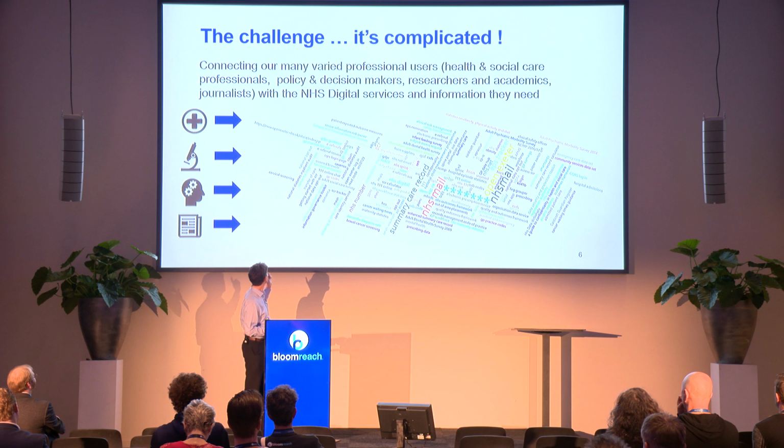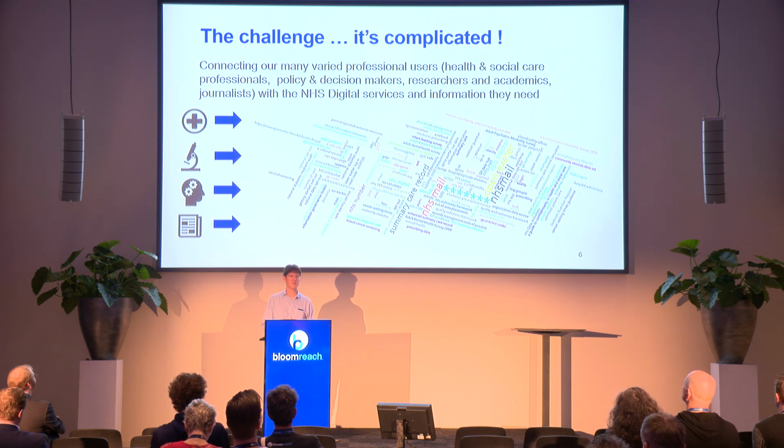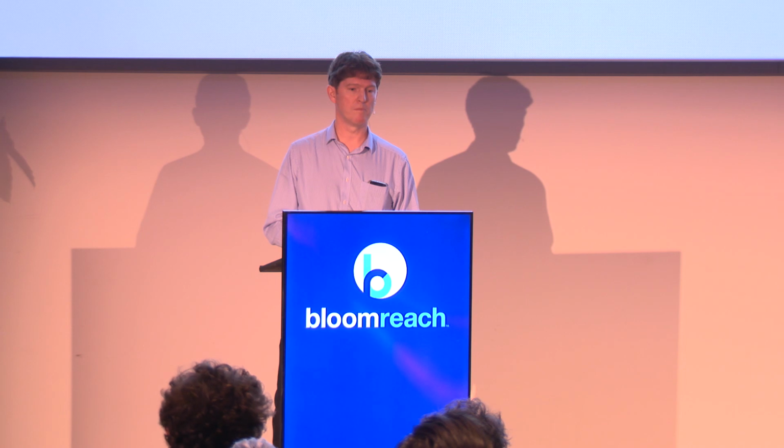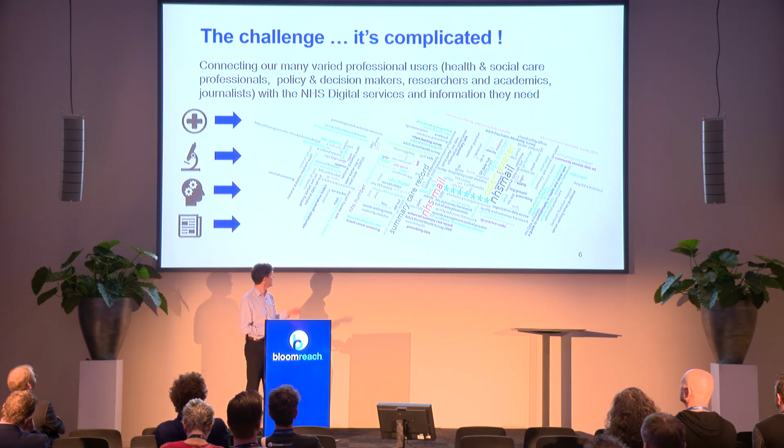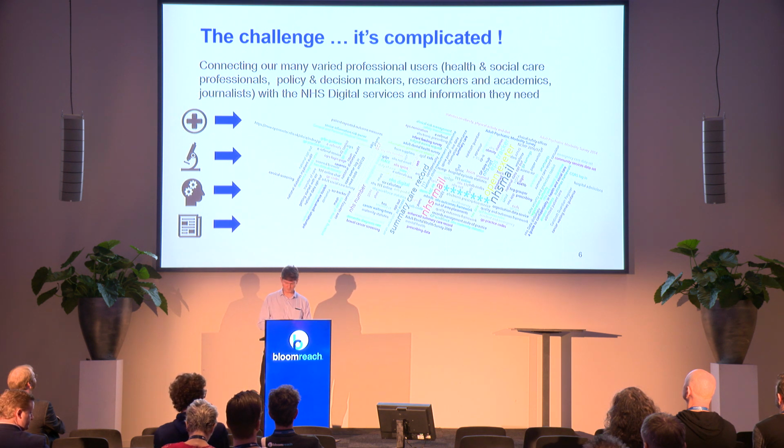On the left-hand side of the diagram, you've got our users. As I say, they're professional users: academics, researchers, decision makers, all sorts of professional people, all after different services, all wanting different things from NHS Digital. So we need to find a way to connect these people with these services and information.